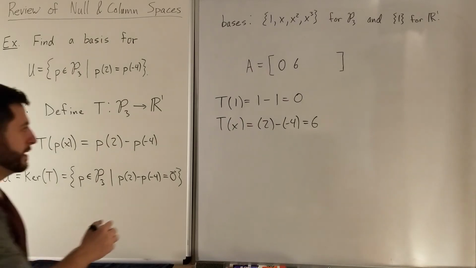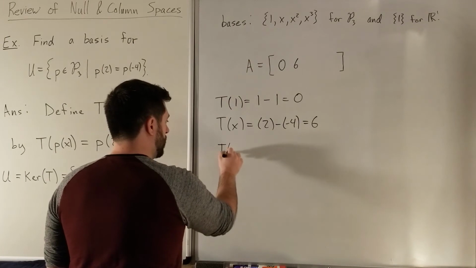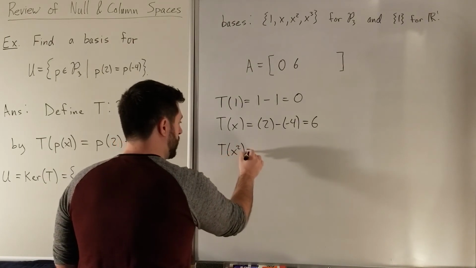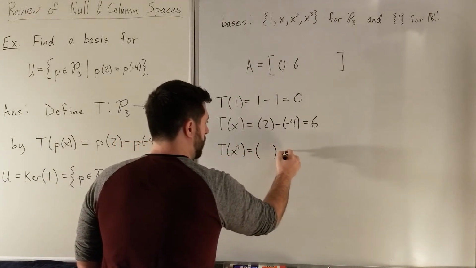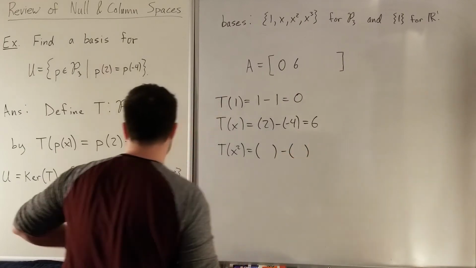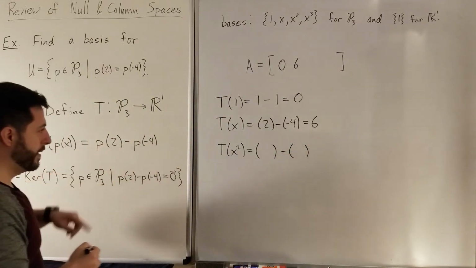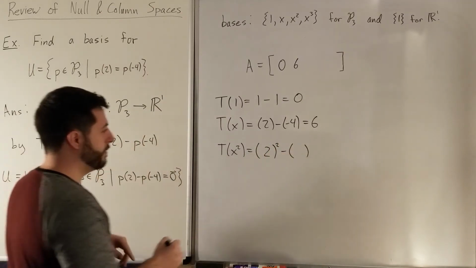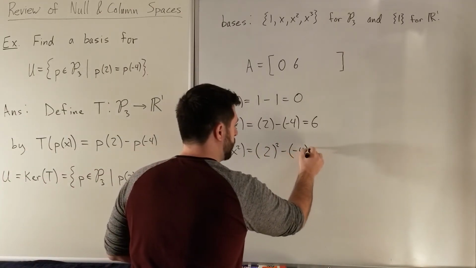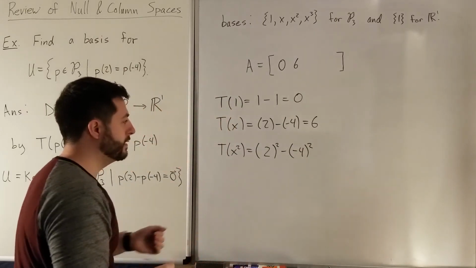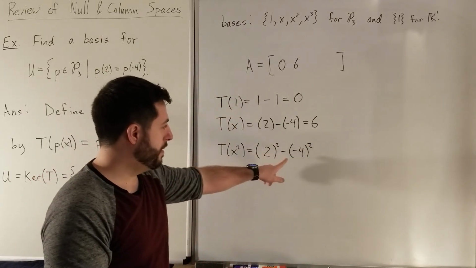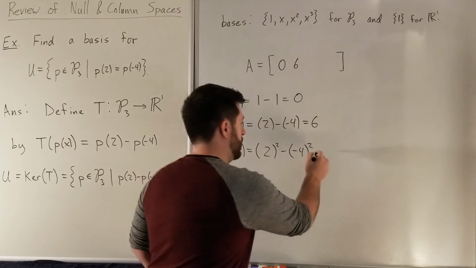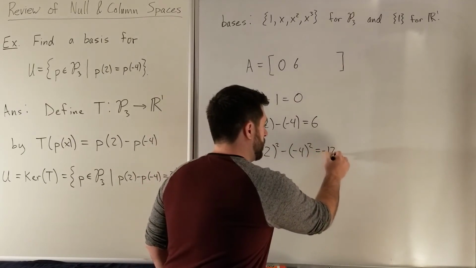Alright, let's do the same thing for the third basis vector. T of x squared. This is x squared evaluated at 2, which is 2 squared. And then x squared evaluated at negative 4 is negative 4 squared. Subtracting these two things, this is 4 minus 16. That's negative 12.